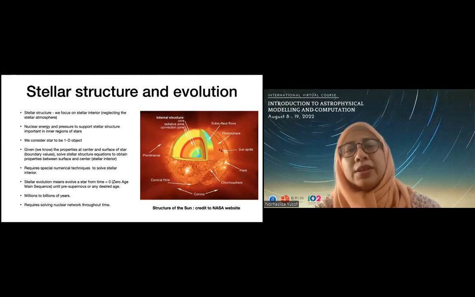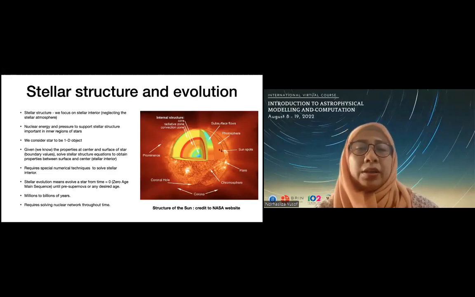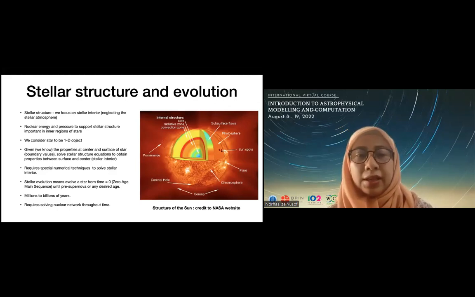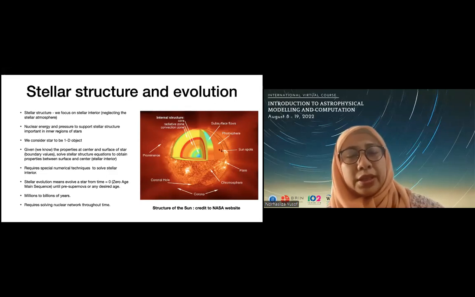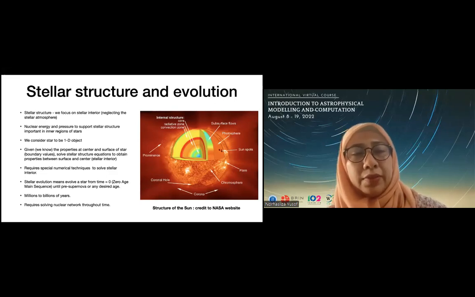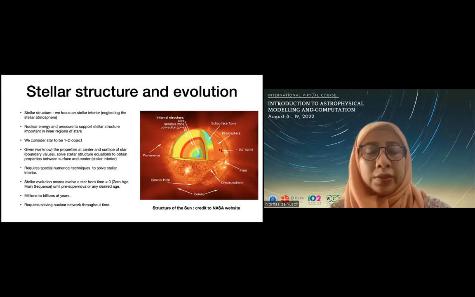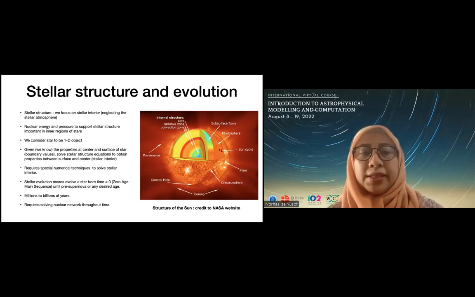So when we want to build a stellar structure, we purely consider the interior itself, or what we call the stellar core. In order to build stellar structure models, we need nuclear energy and pressure to support the stellar structure, which are considered the most important characteristics or properties in the inner region of a star.